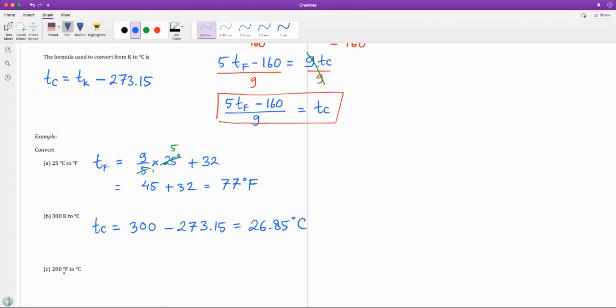Last, from Fahrenheit to Celsius. We've done it here.